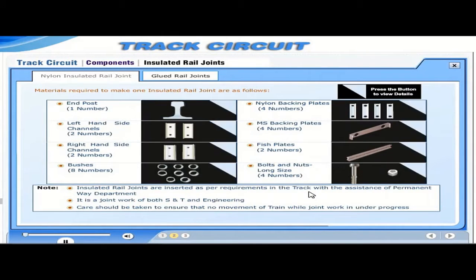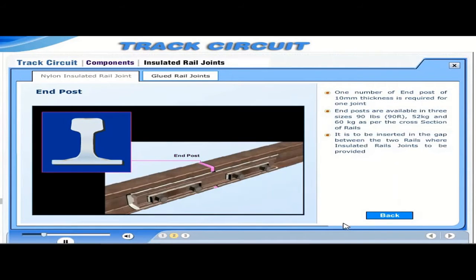Insulated rail joint. Two types of these joints are presently in use: nylon insulated rail joint and glued rail joint. Materials required to make one insulated rail joint are as follows. End post.